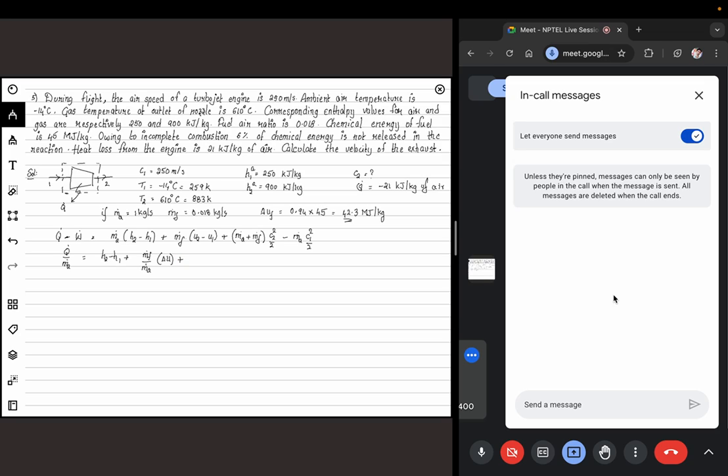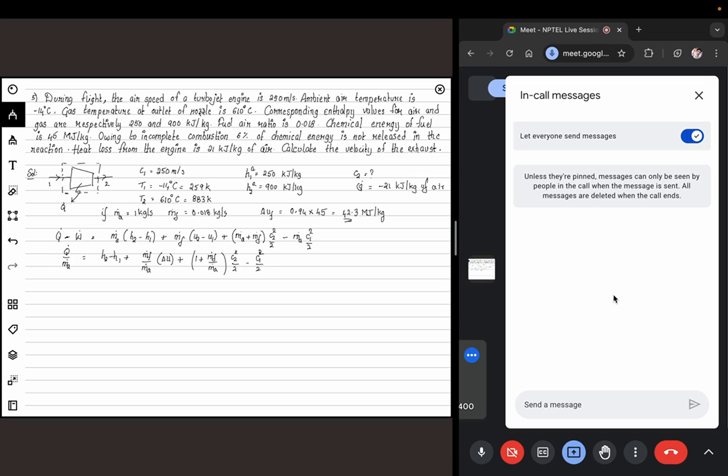This is the chemical energy one. So this is per, as you see here, the Q dot is given as per kilogram of air.